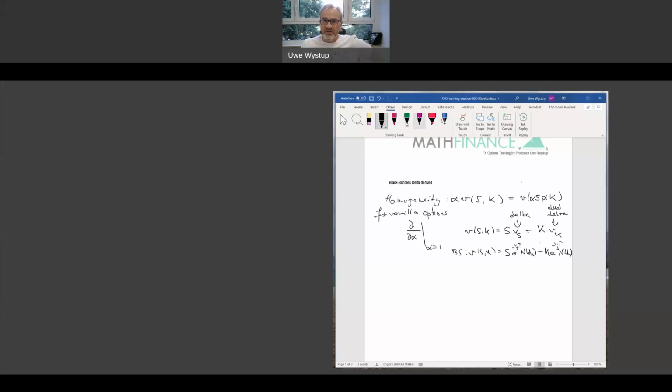So now all you need to do is compare coefficients. The coefficient of S is that guy here. So therefore, the Black-Scholes delta is in fact the discounted N(d+). You can do the same thing for the put, it's the same result. So it just drops out of homogeneity.